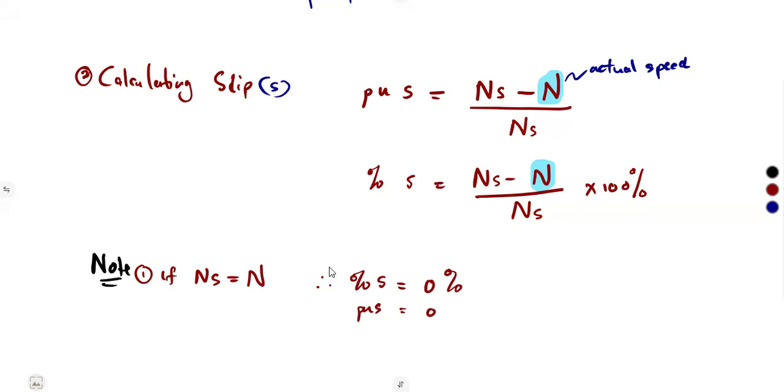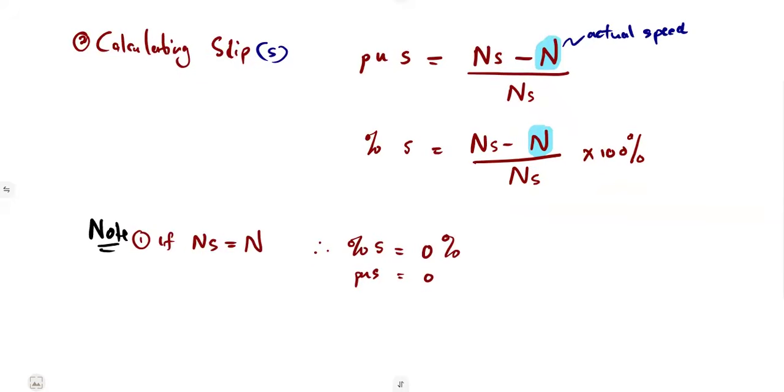Remember, guys, to remove percentage, you divide by 100%. So it will be just 0. So if per unit slip is 0, it means the two speeds were simply equal.